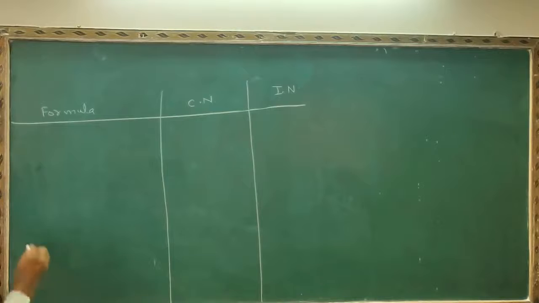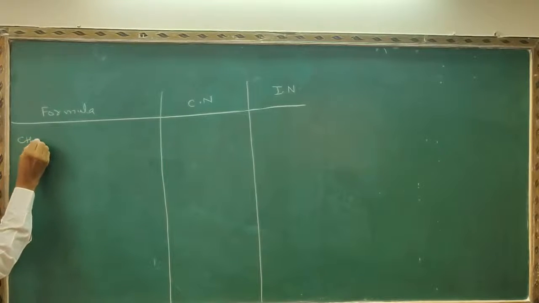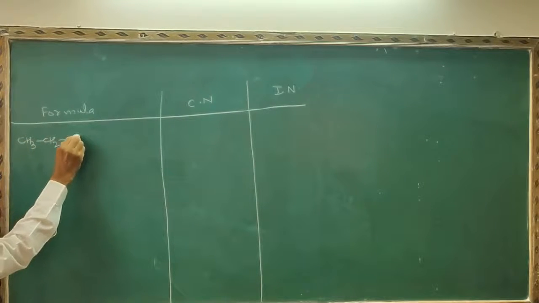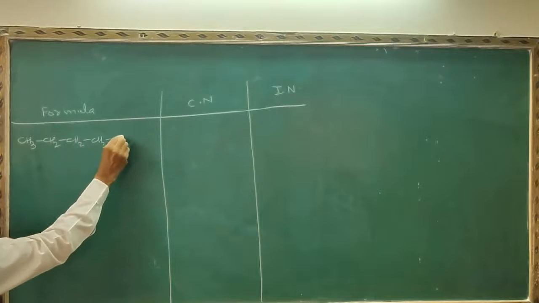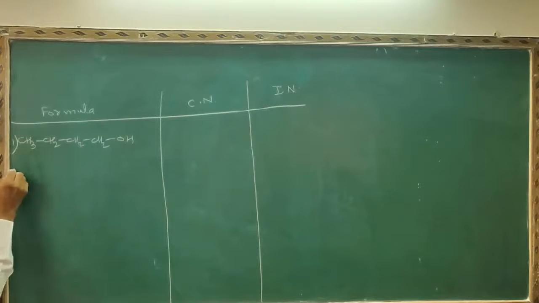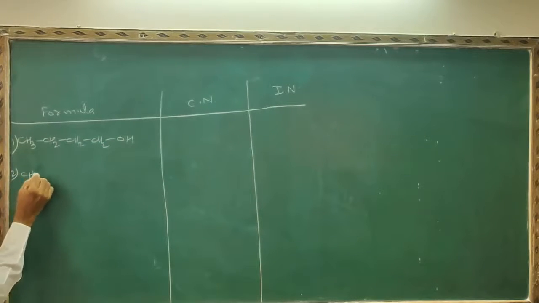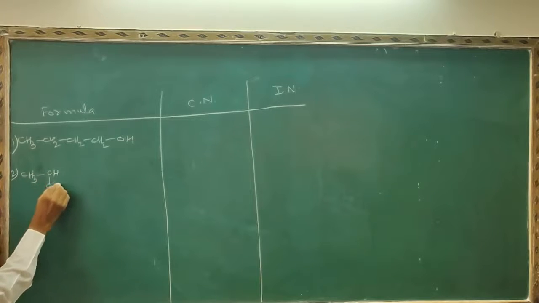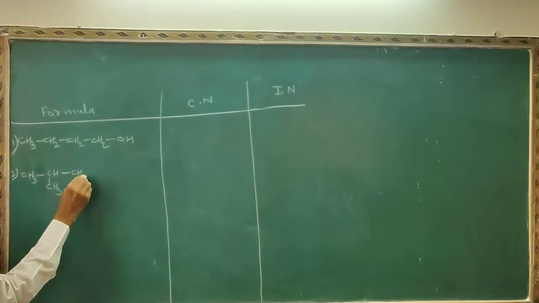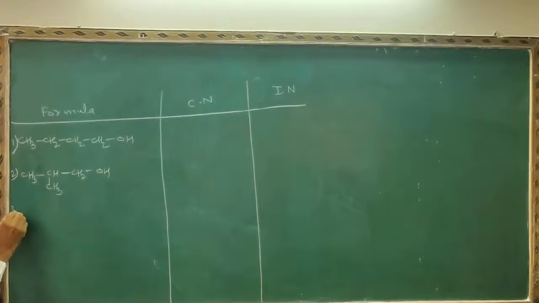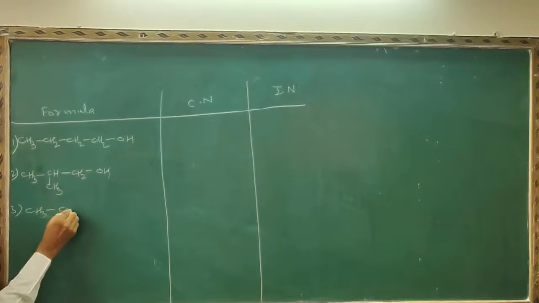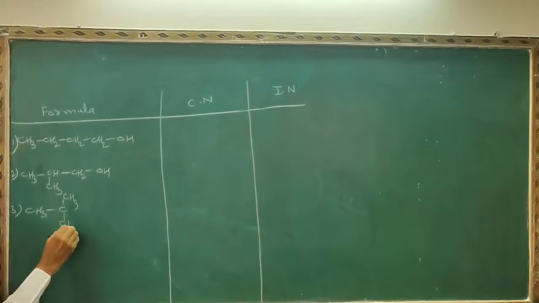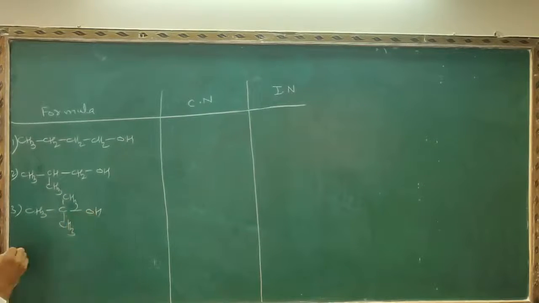Now see here the structure: CH3, CH2, CH2, CH2OH. This is the first example. Second example: CH3, CH, CH3, CH2OH. Third example: CH3, C, CH3, CH3OH.